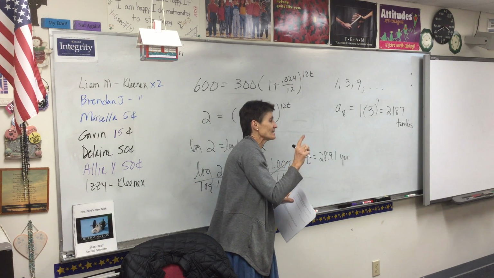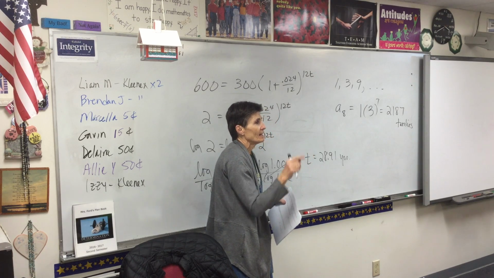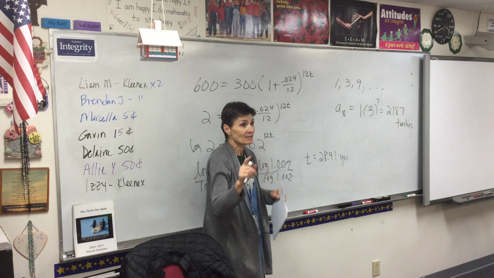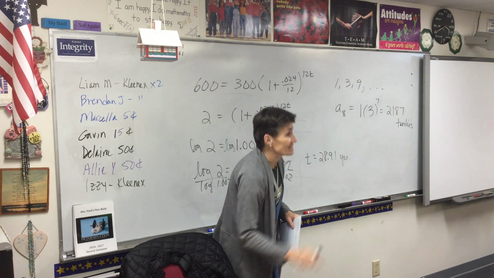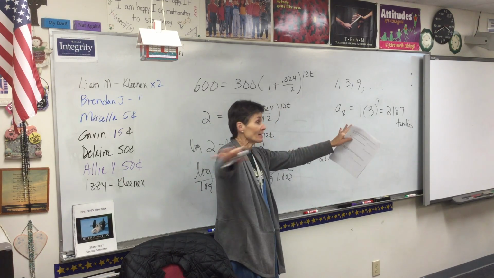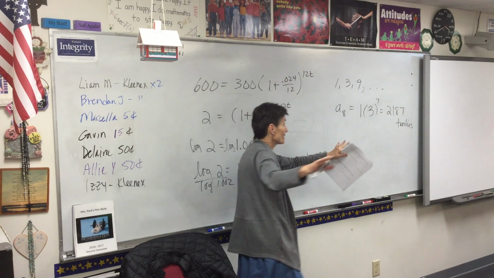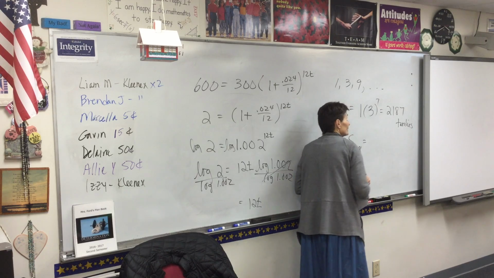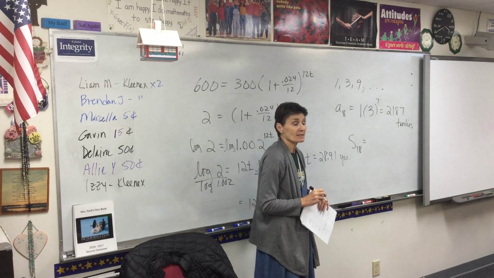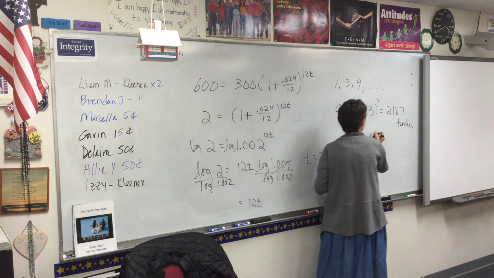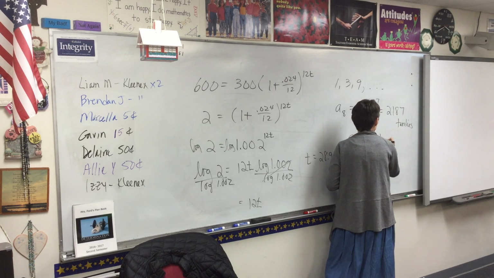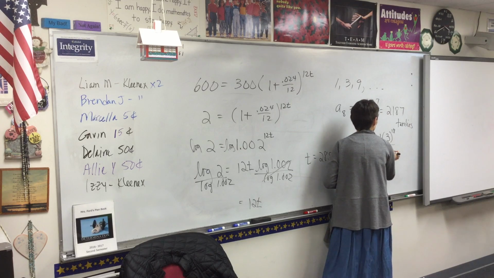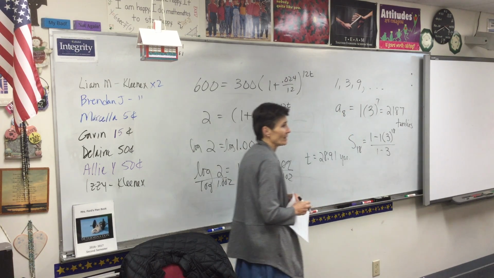By the 18th week, how many times will he have been tardy? That's going to be a sum. Does everybody understand that? And the sum of 18 terms is the first term minus the first term times the ratio to the 18th, over 1 minus the ratio.